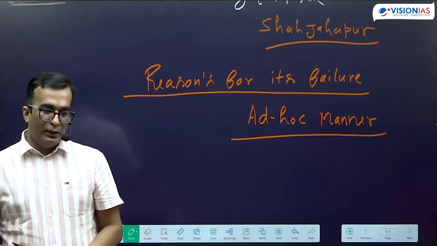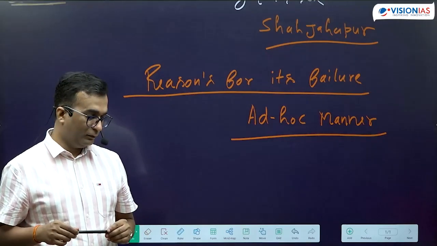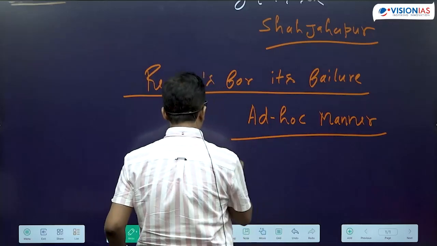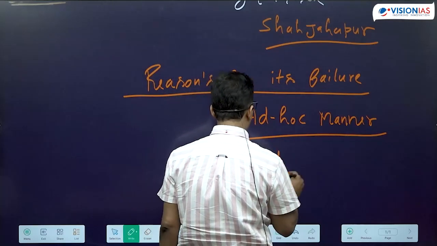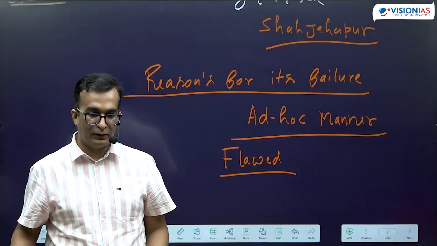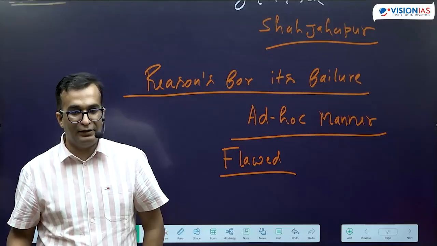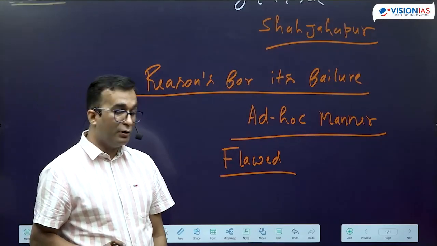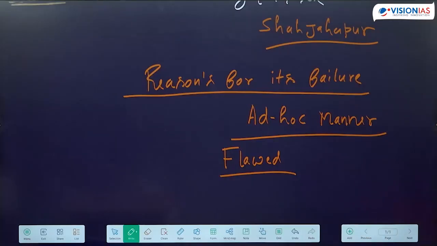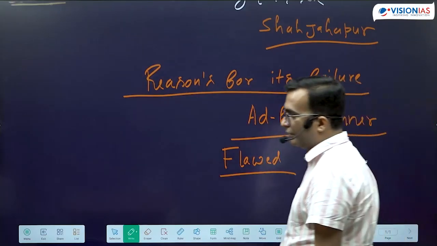And number 3: mutiny was based on a flawed ideology of violence, without having an organized cadre to put up an equal fight with the highly organized British army.